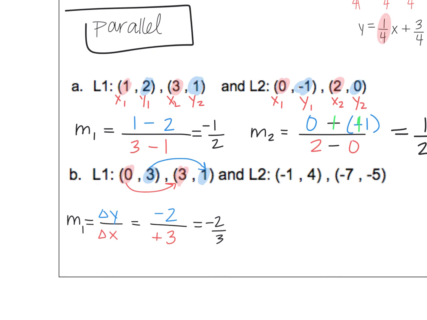I'm trying to color code for you. Miss Waller style here. Okay, so now do the same thing. Find your change in y over your change in x, or delta y over your delta x. So to go from 4 to negative 5, what does that change?